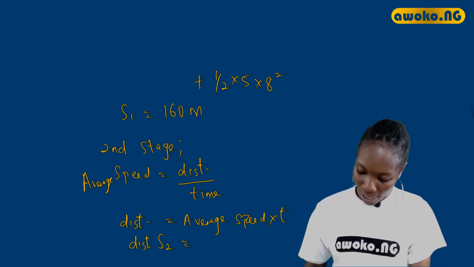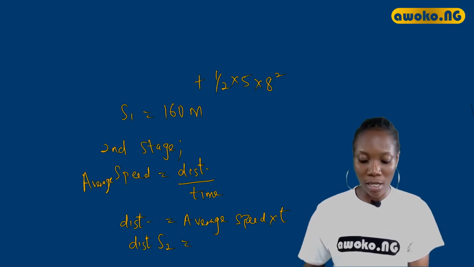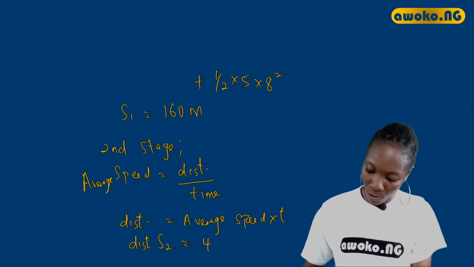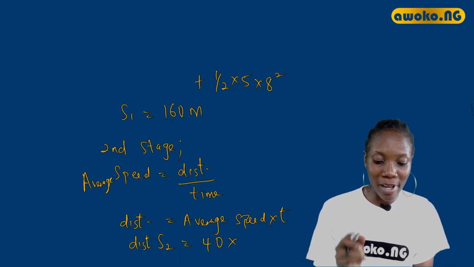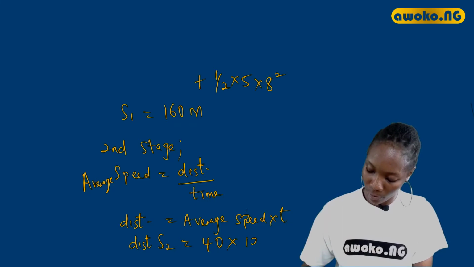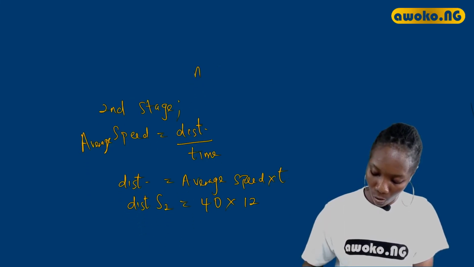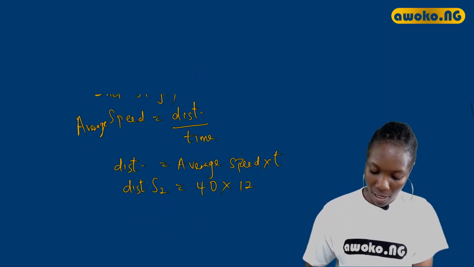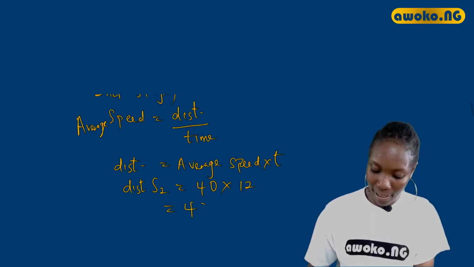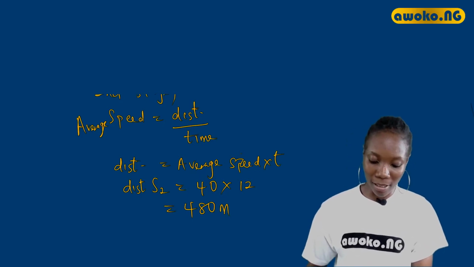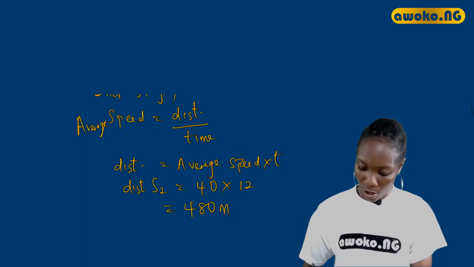So here our speed is 40, right? It was given in the question. So 40 times 12 seconds. So the answer is equal to 480 meters. You can check that later. So we've gotten that for the second stage of the journey.